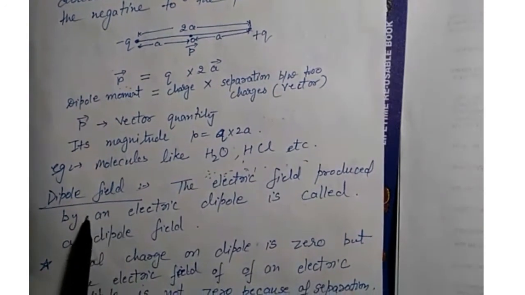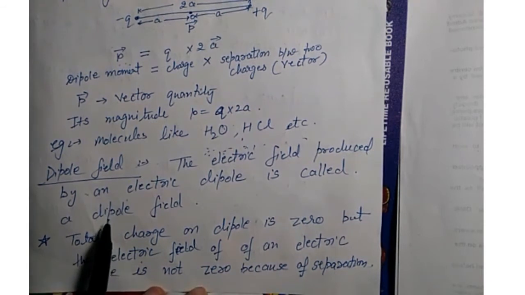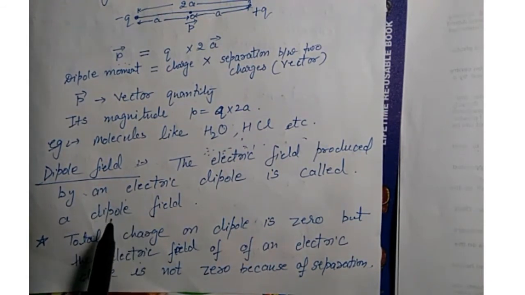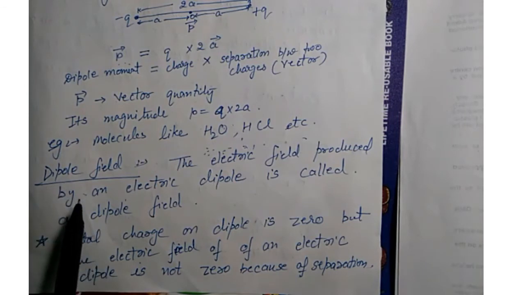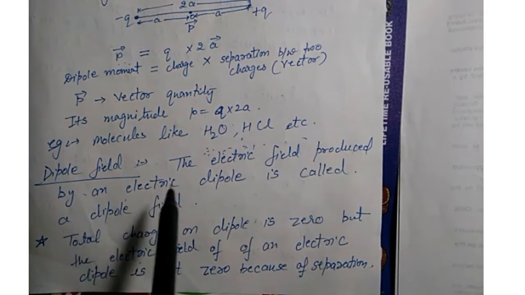Now, what is the dipole field? Like for a given charge, we are having the field or the area where we can experience the influence of that charge. Similarly, the dipole field is produced by an electric dipole.